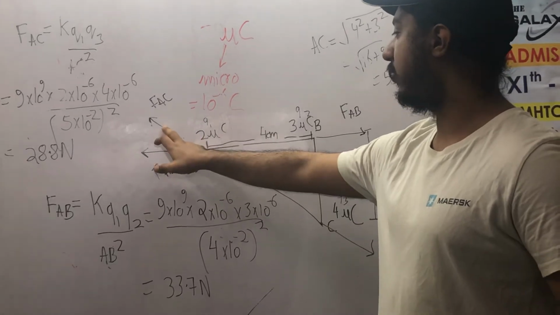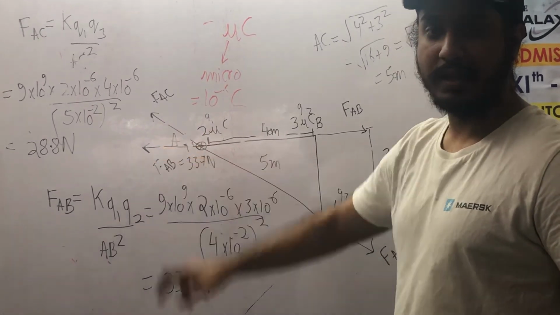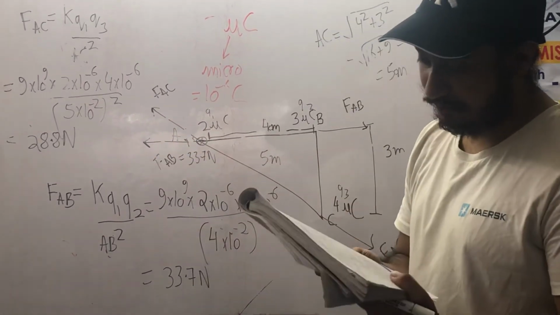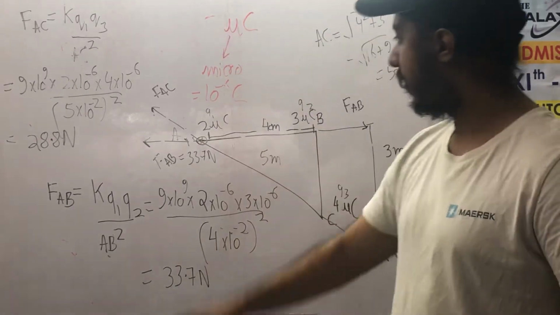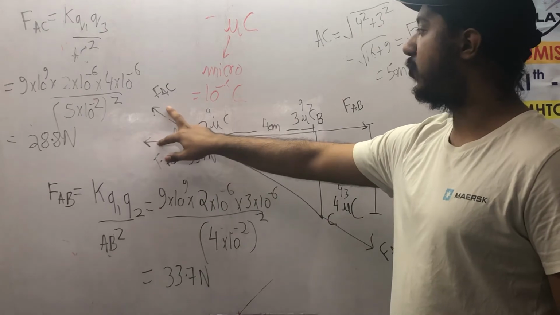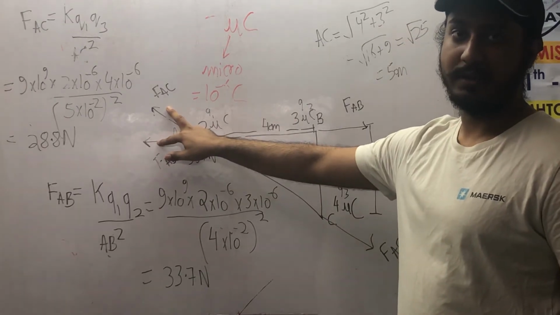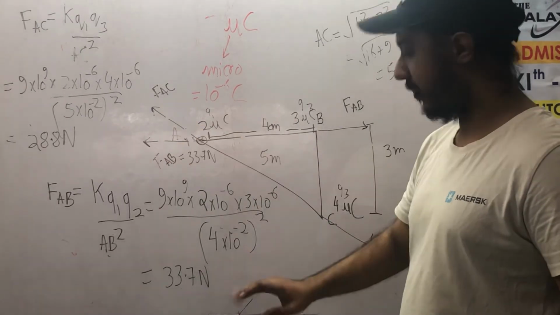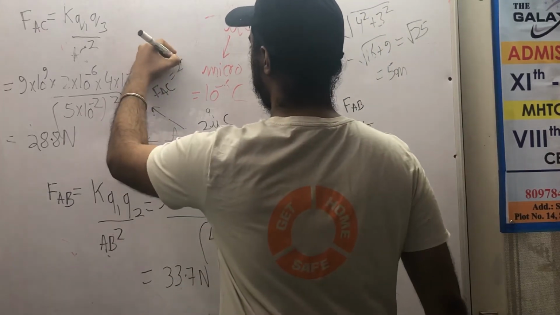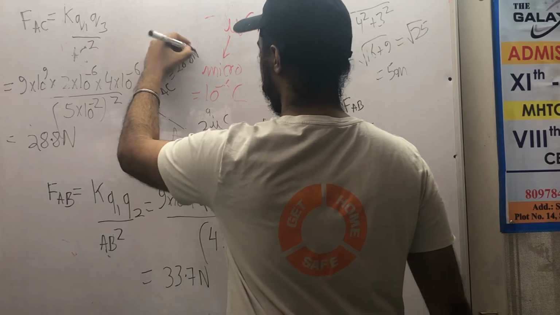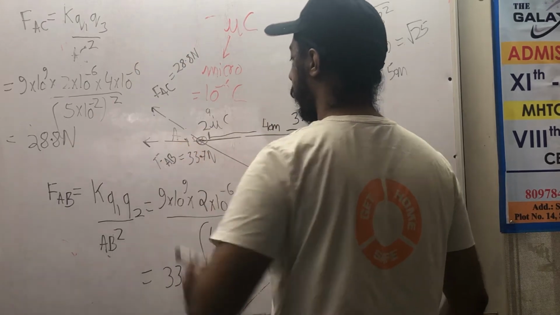If we find out this angle, we can find out this angle. Why I am saying that we have to find out this angle is because these two forces, they are acting at an angle. I'll rub all of this. This is 28.8. This is 33.7. Okay.